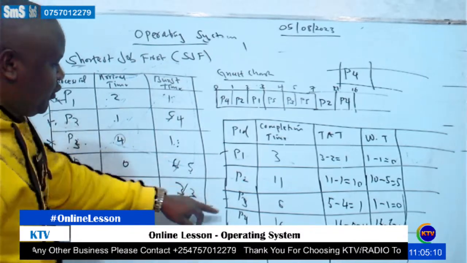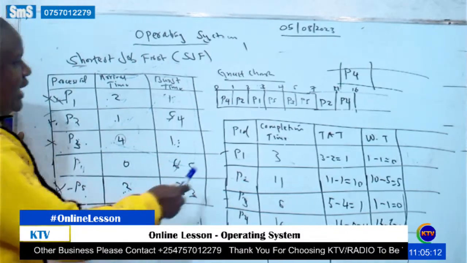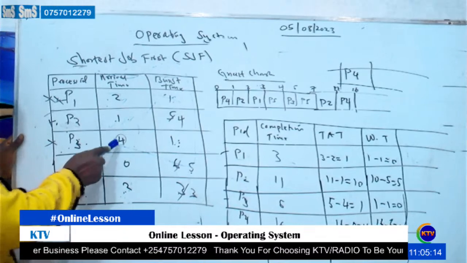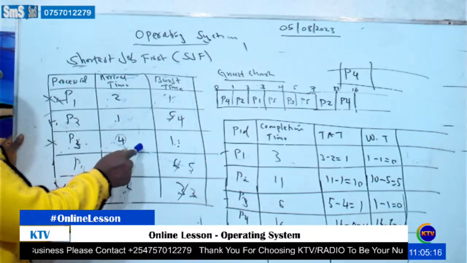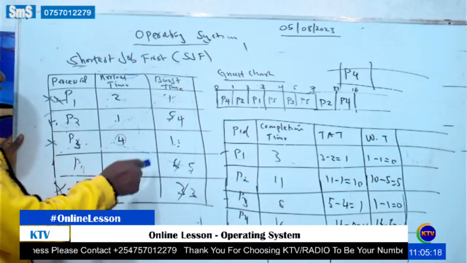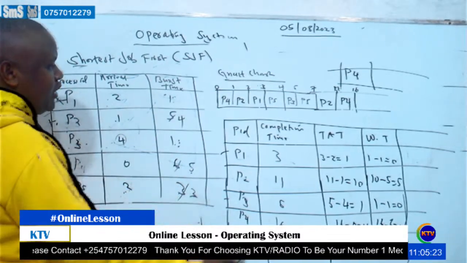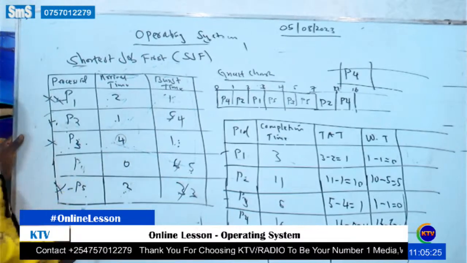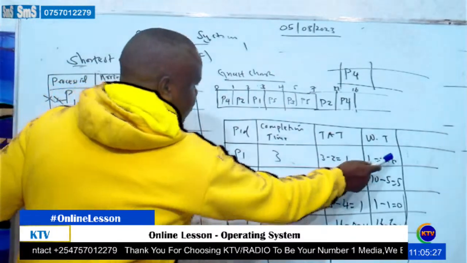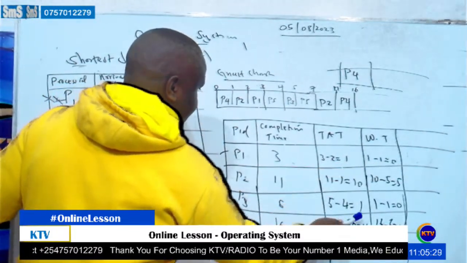And if you look at process 3, when it arrived, other processes were already inside, but this process was allowed in, so there was no waiting time. That is why process 1 is 0 and process 3 is 0.